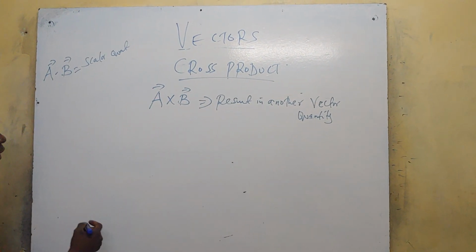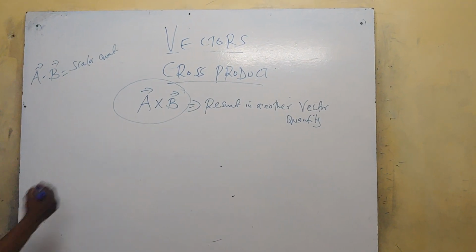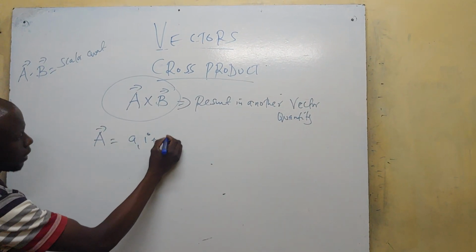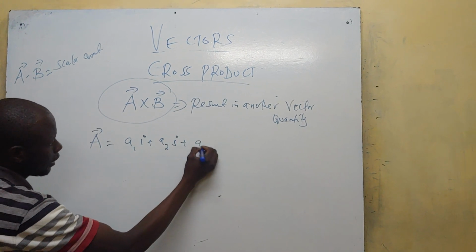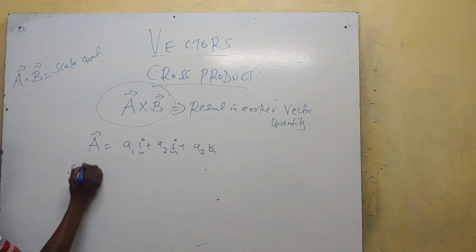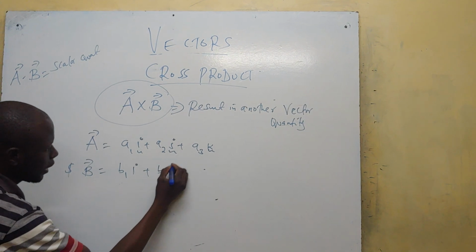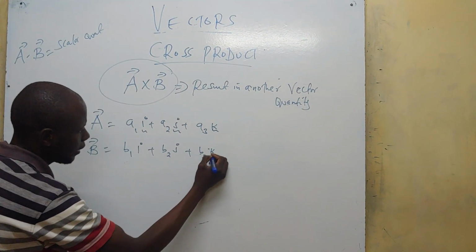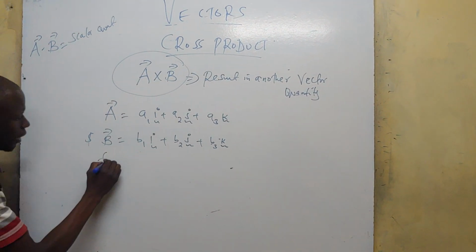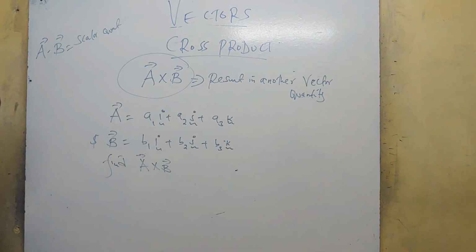So I want us to see today how we can obtain what we call a cross product. If you are given two vectors, vector A, which is A1i plus A2j plus A3k, and another vector B, which is equal to B1i plus B2j plus B3k, then we can find A cross B as follows.